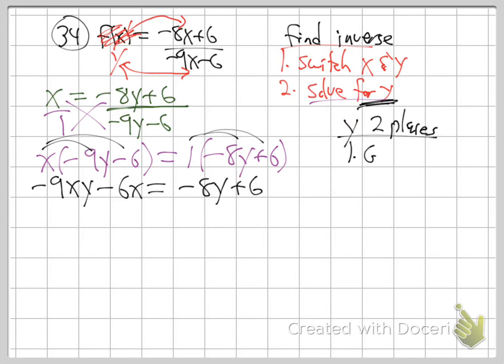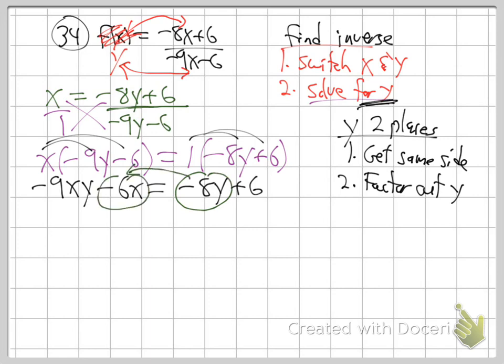Remember that? Step 1, get them on the same side. And then factor out the y. So grab this y and jump it here. Grab this x and jump it there. So we'll have minus 9xy plus 8y is 6x plus 6.